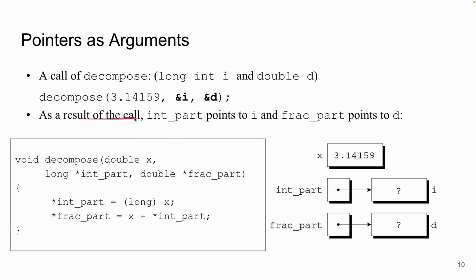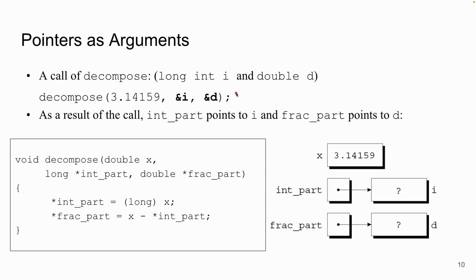And after we call the decompose function, the relationship between i, d, x, int_part, and frac_part will look like this. Because the address of i is assigned to int_part, so int_part will point to the variable i.